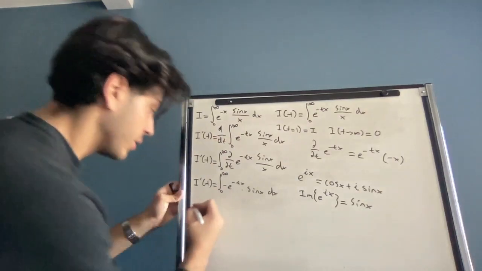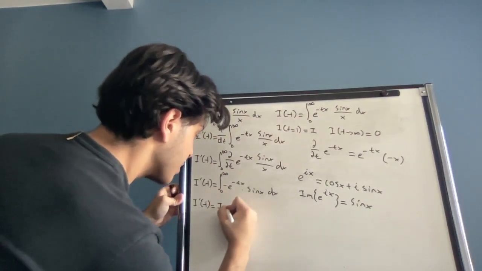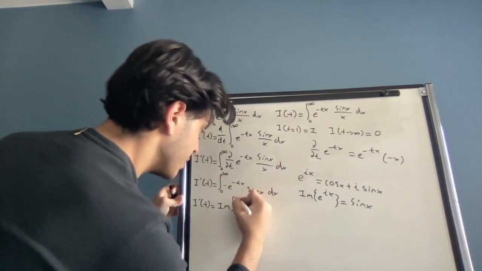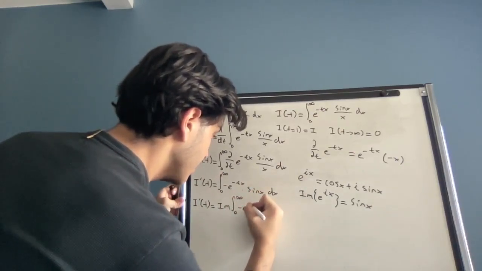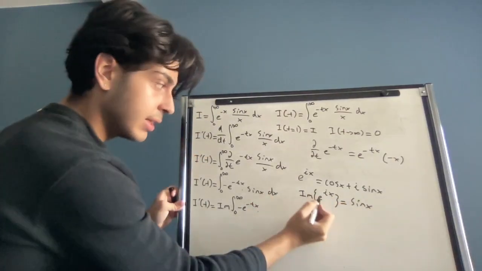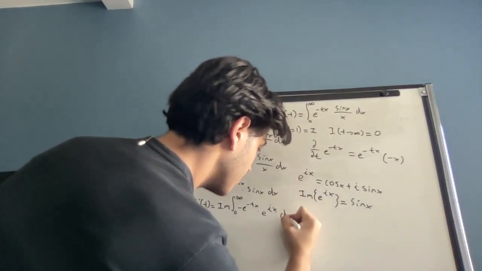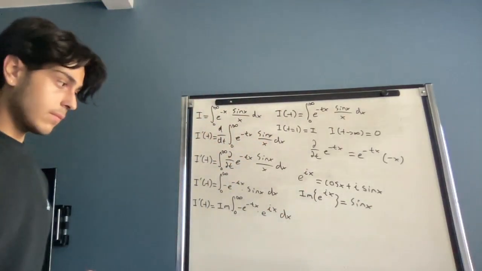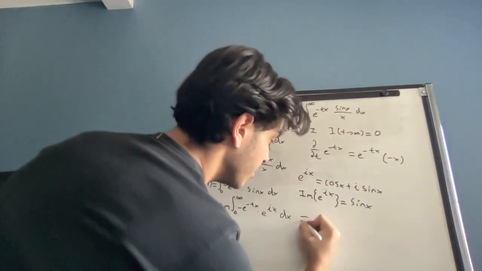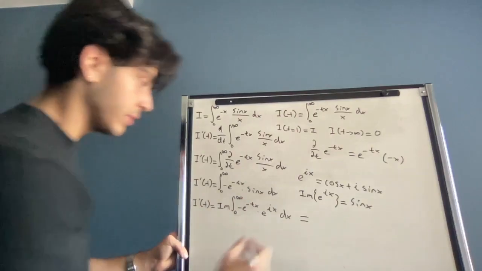Transforming our function, we get I prime of t equal to the imaginary part of the integral from 0 to infinity, negative e to the negative tx times e to the ix. Then we can use the exponent laws to combine these two exponents.